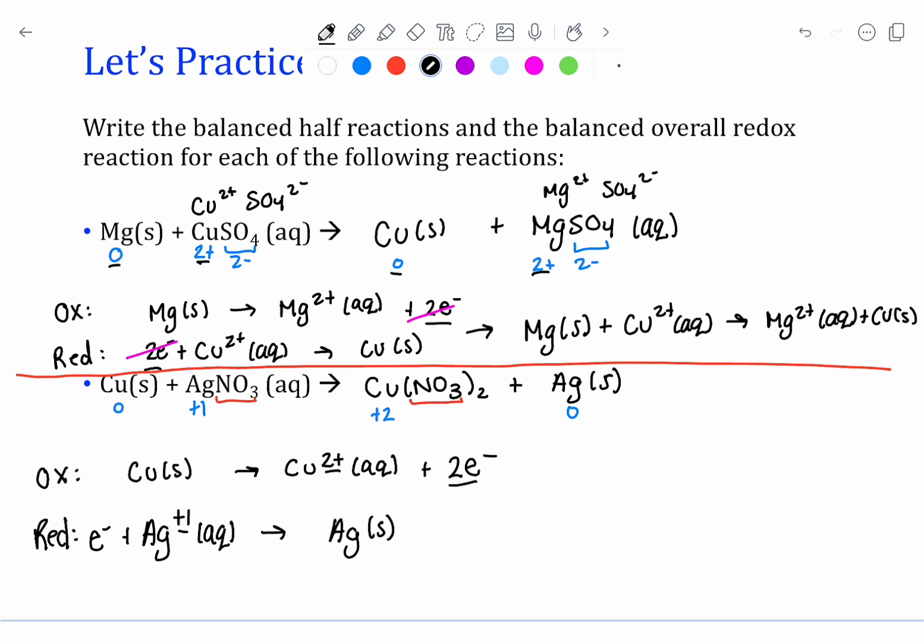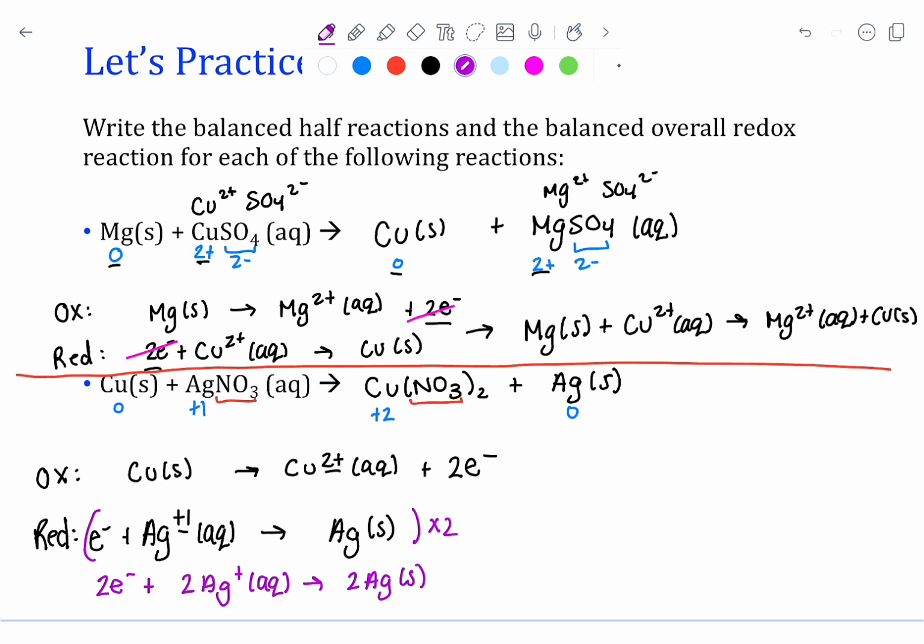I have 2 electrons and 1 electron. So in order to remedy that, we have to multiply just our reduction half reaction by 2 in order to balance out those electrons. That would give me 2 electrons plus 2 silver ions goes to 2 silver solids.